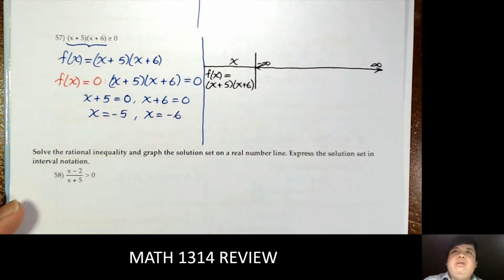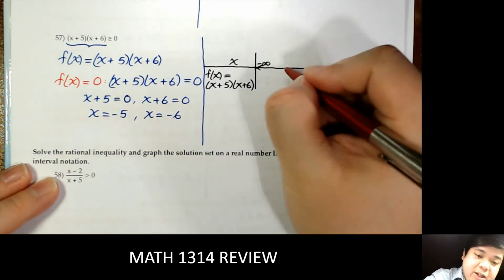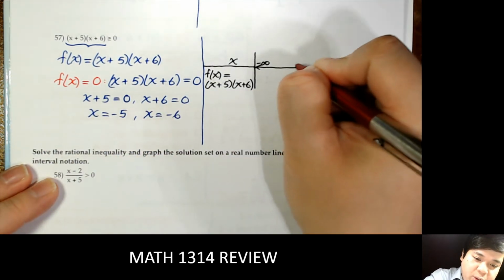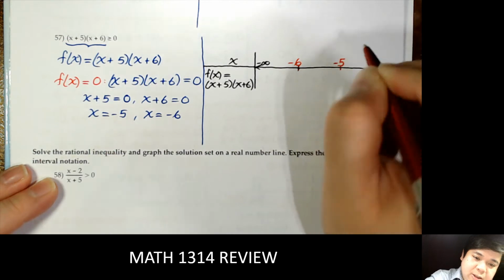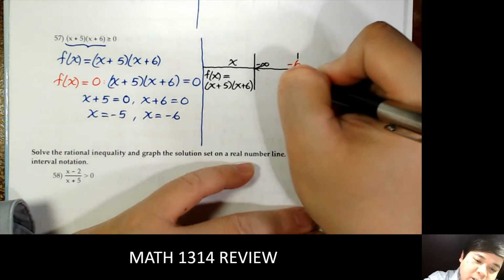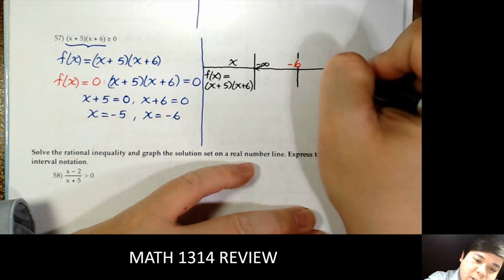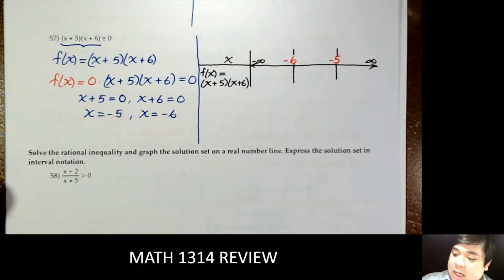I put it in the factor form so it's easier to find the zero. So negative 5 and negative 6, we have to put them in increasing order. Negative 6 first, and then negative 5. Right. Those numbers divide the number line in 3 sub-intervals.